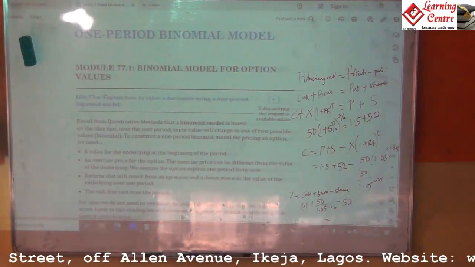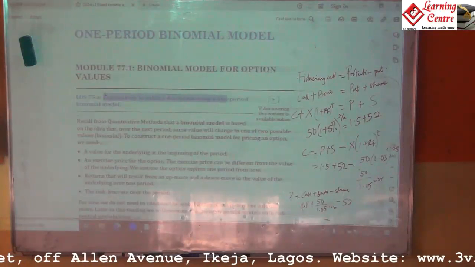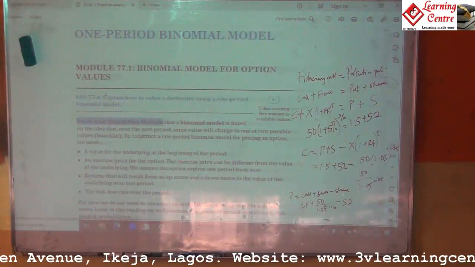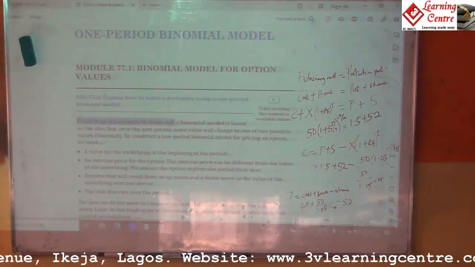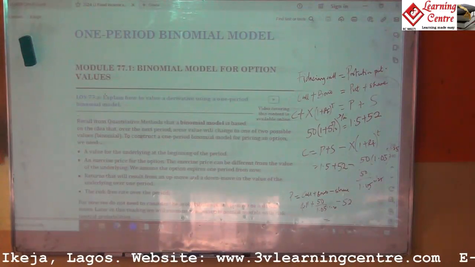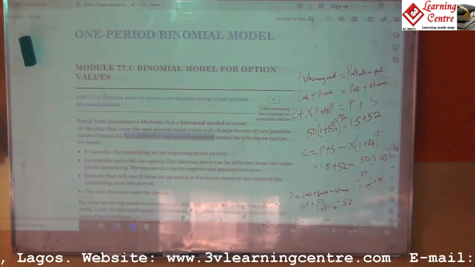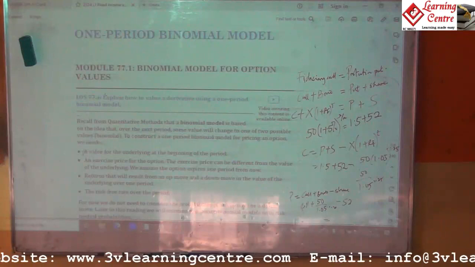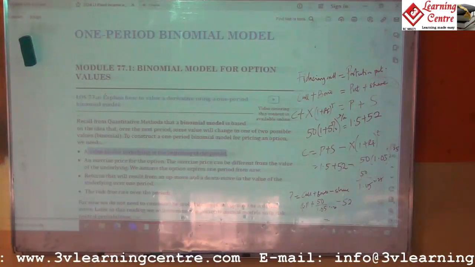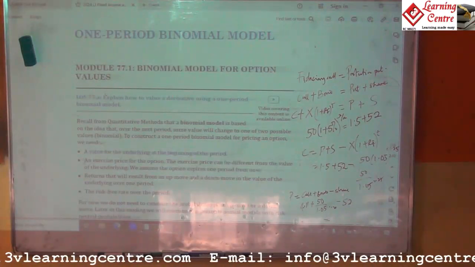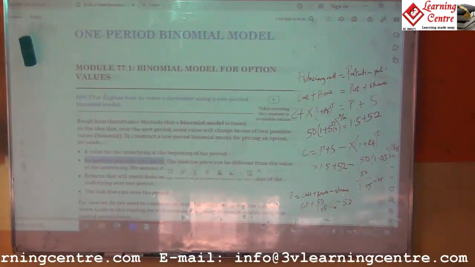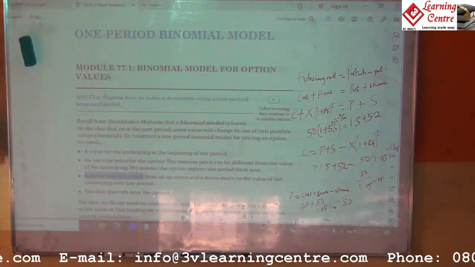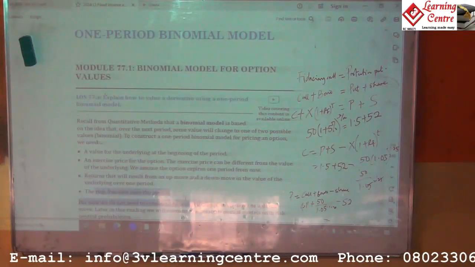Okay? So explain how to value a derivative using a one period model. I don't know if you guys have done it in quantitative methods, but let's just continue. So to construct a one period model for pricing an option, we need one, the value of the underlying at the beginning of the period, the exercise price, returns that will result from up and down movements, and then risk-free rates.